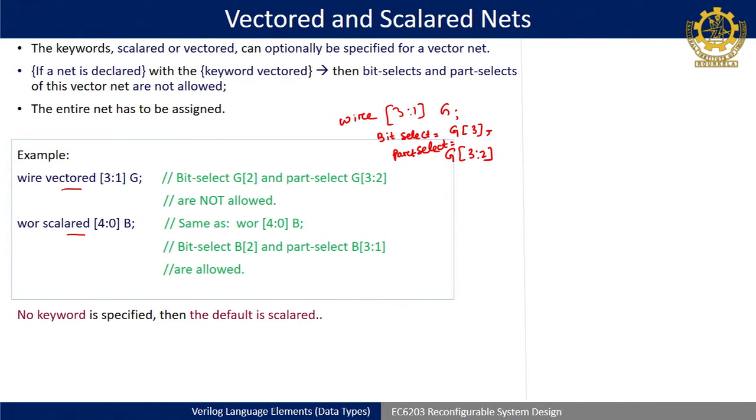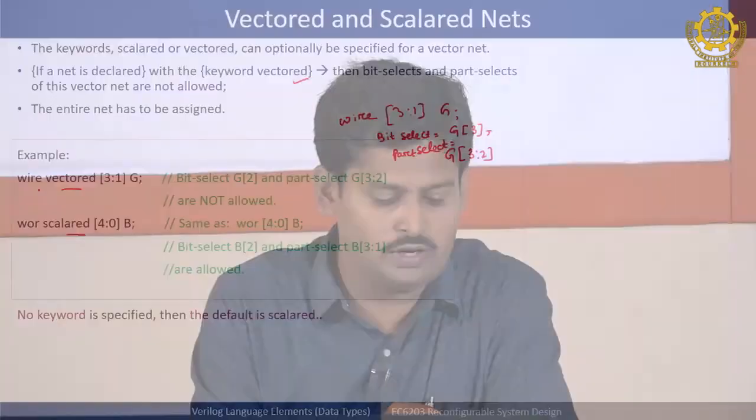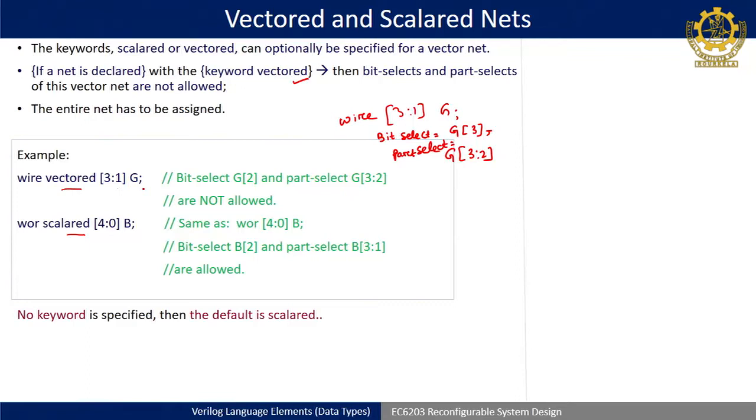What scalared and vectored do is that if a net is declared with the keyword vectored, then bit select and part select of this vector are not allowed. Understood? That means if I have defined the keyword vectored [3:1] g, then in this example context, I can't use g[3] or g[3:2], because vectored is mentioned. Here I have not defined anything, so when I have not defined vectored, it is by default scalared only.